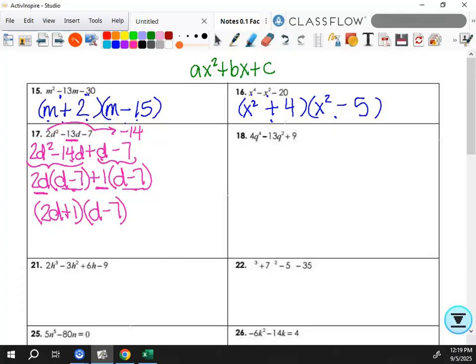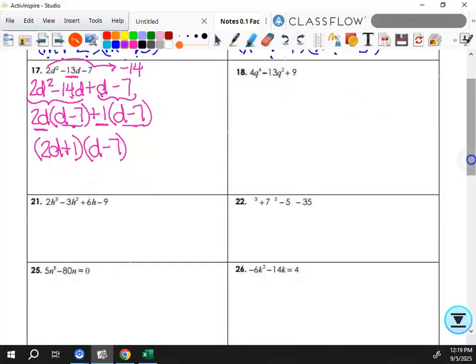All right. On 18, is there a GCF that I can factor out? No. And this is also a quartic, but I have q to the 4th and q squared, so it's set up like a quadratic, so I can treat it like a quadratic. That means that I'm going to take this 4 and multiply it by 9 and get 36.